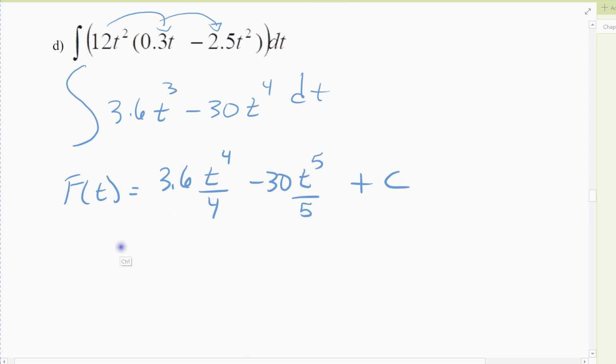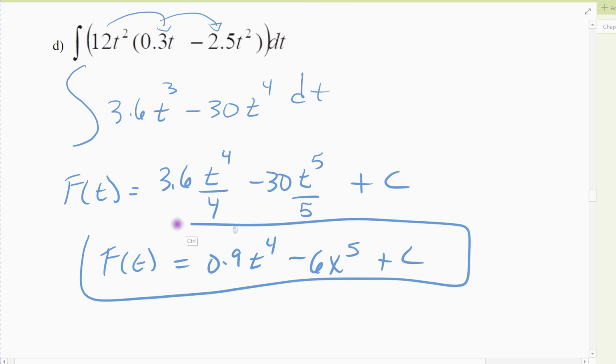Don't leave proper fractions or fractions you can reduce. So the antiderivative would be 0.9 t to the 4th minus 6 t to the 5th plus some constant. Oops, I switched to an x there, it's t to the 5th, not x to the 5th. And there is my antiderivative for that function.